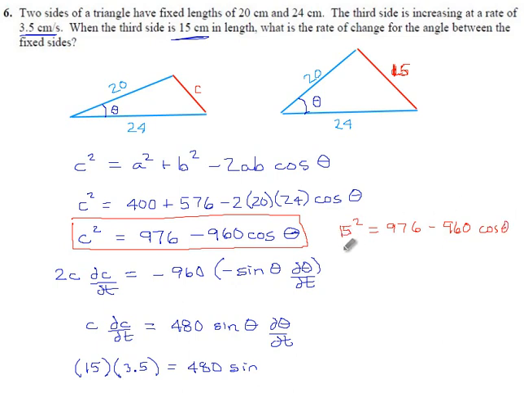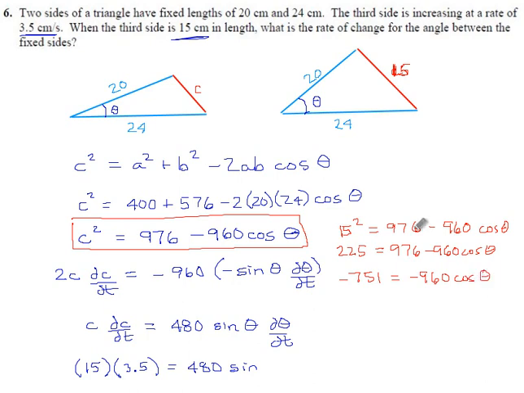15 squared is 225. 976 minus 960 cosine theta. Subtract 976 from each side, and we get minus 751 equals minus 960 cosine theta.